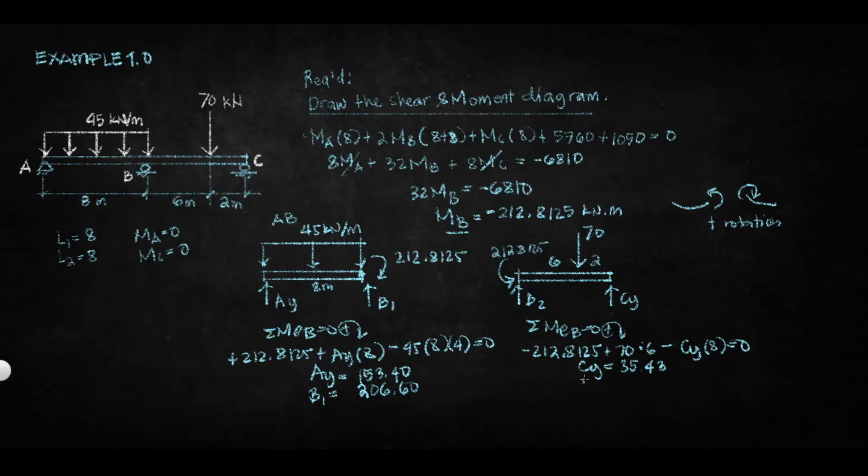And then, for our B2, mag-moment po tayo sa point C naman. Okay, to check lang, 70 times 2. Negative yun. Okay, then negative yung 212.8125. Positive alpha x yung B2. Okay, times 8 is equal to 0.